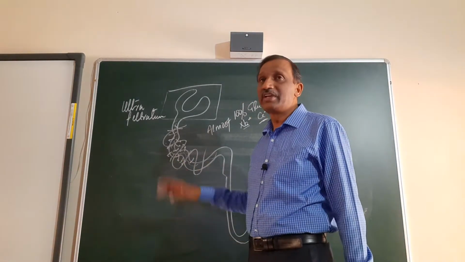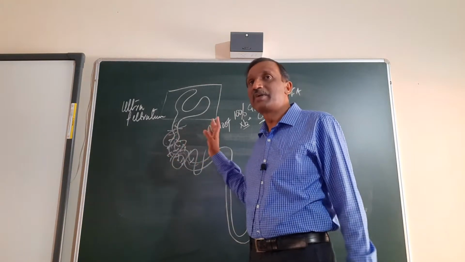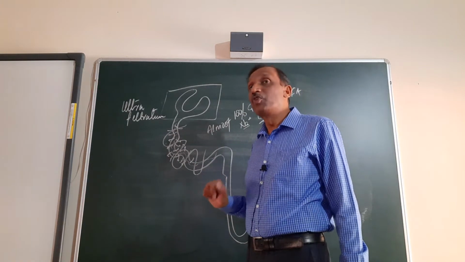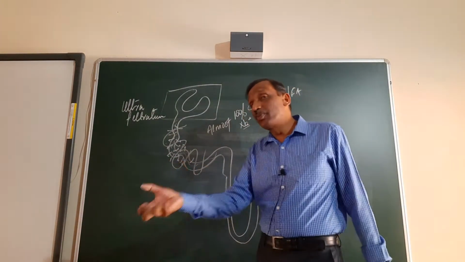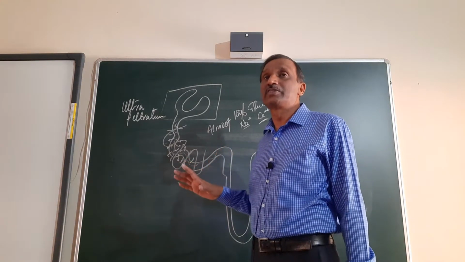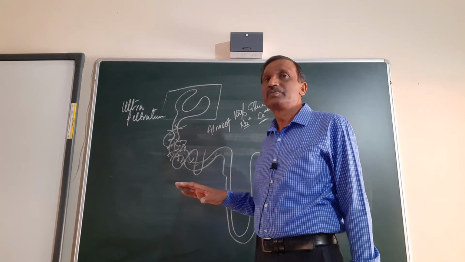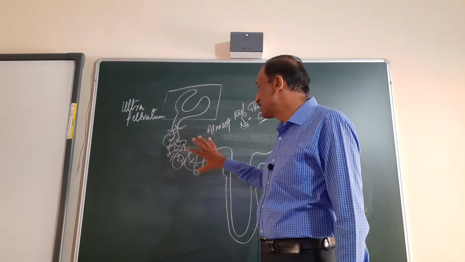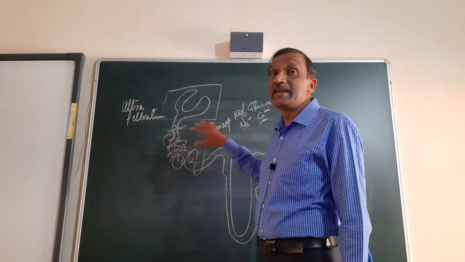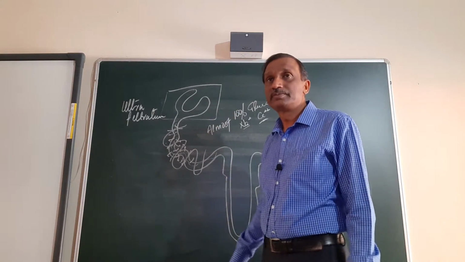Uric acid will come, creatinine will come, bile salt will come, bile pigment will come. We cannot stop it. But what we can do is, by the active process, absorb all the useful substances almost up to 100%. So this is a very important part. The PCT and the neck are a very important part.